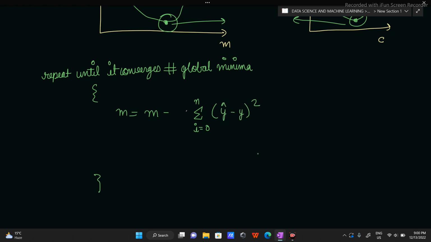All right, and then there's another constant, 1 upon 2n. Then similarly for c, I'll update c as c minus this same thing: 1 upon 2n, and summation from i equal to 0 to n, y hat minus y whole square.